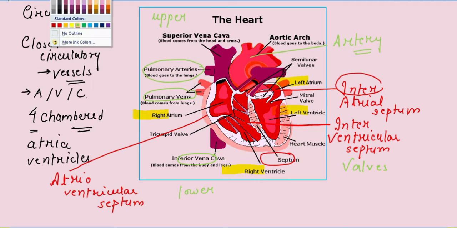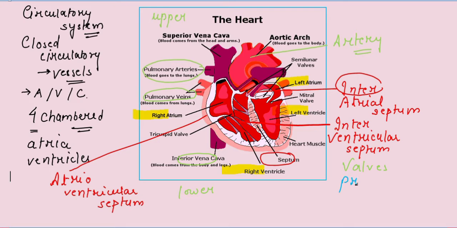Valves का function क्या है? Prevention of backward blood flow. It prevents the backward blood flow actually.